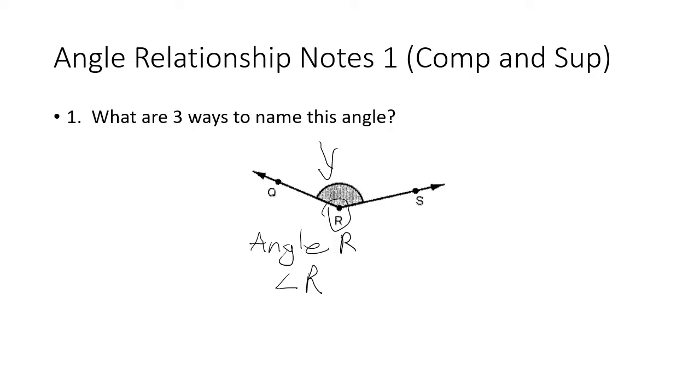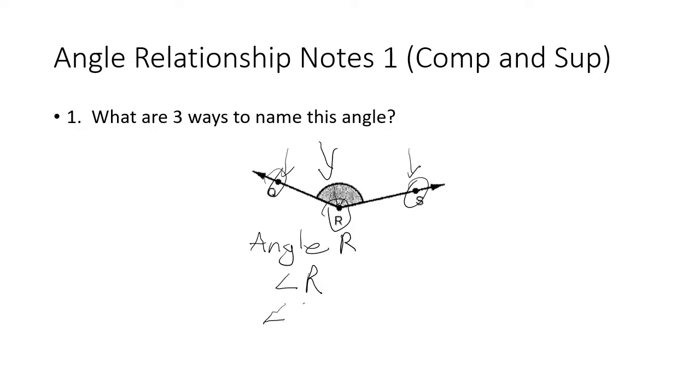So we're going to talk about why this is important in a minute, but you can also name it with all 3 points that are placed on it. Now there's technically more than just 3, but you only need 3. You need 1 point on one of the rays, 1 point on the other ray, and the actual vertex itself. So let's start off with that. The order this one goes in left to right is QRS.